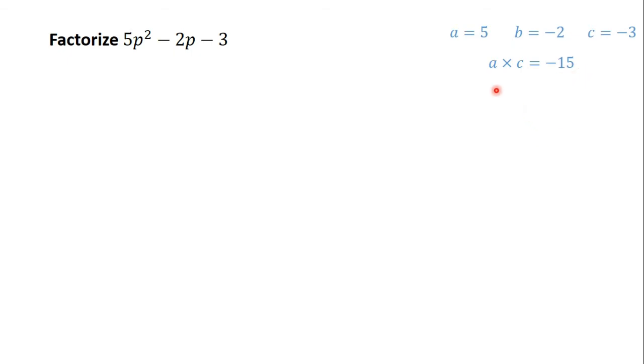We are going to look for two numbers that when you multiply, you get a times c, but when you add, you get b. A times c is minus 15, b is minus 2. So we are looking for two numbers that when you multiply, you get minus 15, but when you add them, you get minus 2.